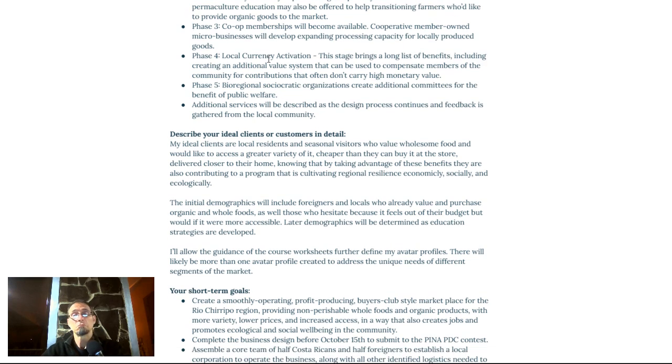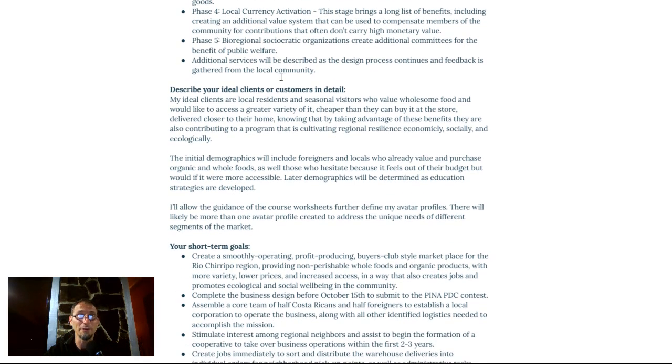Phase 4, as I imagine it, could be a time where once these co-ops are all established and we've got little micro businesses all over the community, might as well get a complementary currency activated, right? There's a lot of benefits to this, including creating an additional value system that can be used to compensate members of the community for contributions that don't often carry high monetary value.